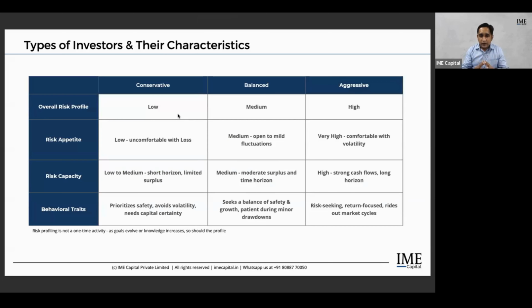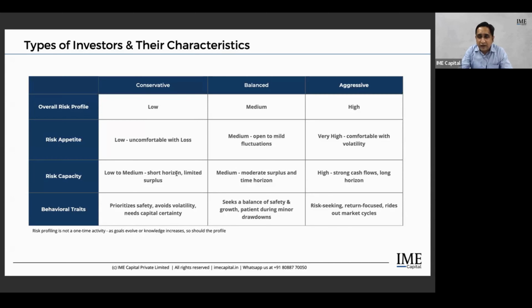Like we mentioned earlier, there are different types of risk profiles. So there are broadly three categories: conservative, balanced, and aggressive. They can also be very conservative or very aggressive. Now, the risk appetite is how you behave in terms of volatility, what levels of volatility you're comfortable with.